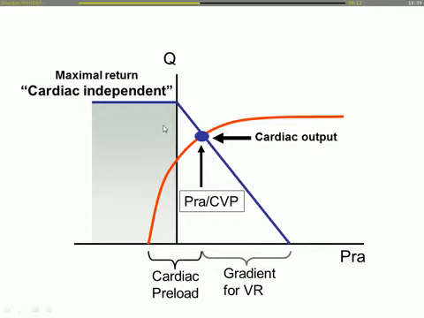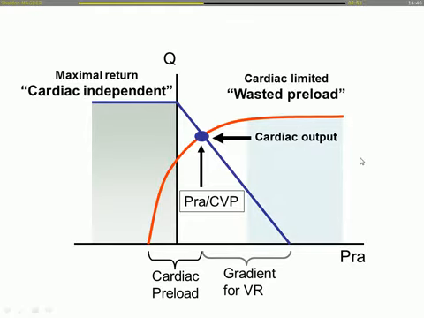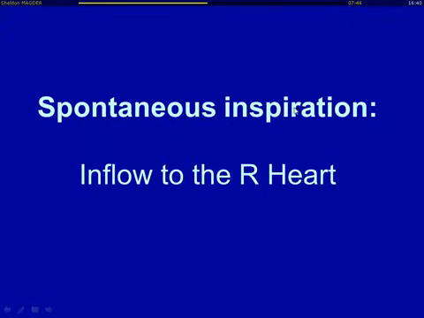You can take out the heart from the body, you will have exactly the same flow, because the great veins collapse as they have a pressure inside less than outside, and the heart can't do any better. And on the other side, you have this flat part of the cardiac function curve where it's limited by the pericardium in an intact heart, or even without a pericardium by the cardiac cytoskeleton, and gives a volume limit to the cardiac output.